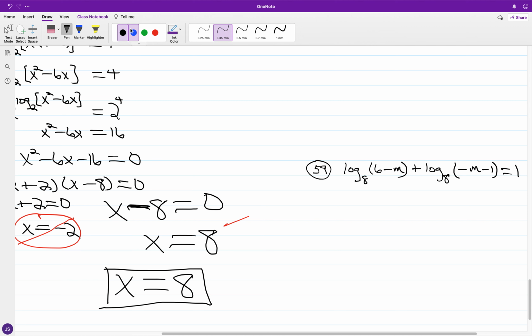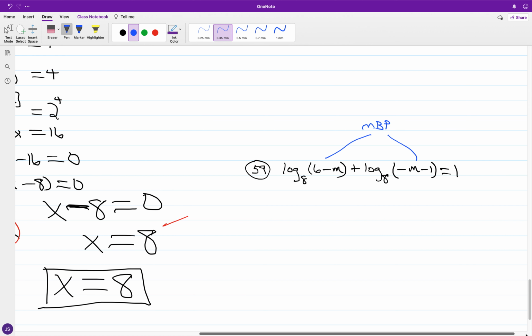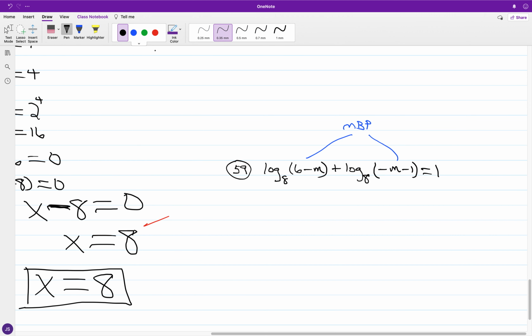And once again, whatever I have for 6 minus m and negative m minus 1, these have to be positive. And just looking at putting together what we have here, so we have the base 8 logarithm, and again, we have addition implies multiplication of the arguments.